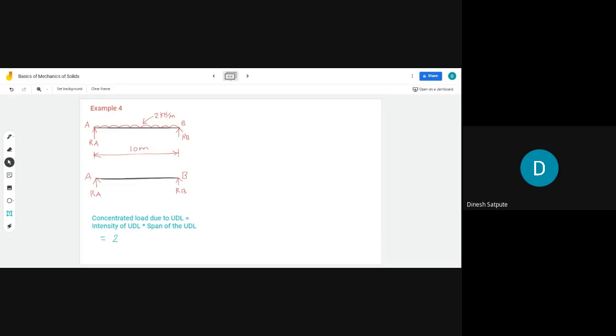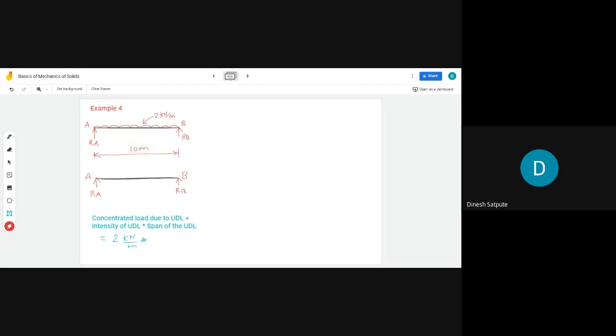If I write it with units, we'll get a clearer idea. 2 kilonewtons per meter multiplied by the span of the UDL. We can see the span of the UDL is from point A to point B, so the total span of the UDL is equal to 10 meters.